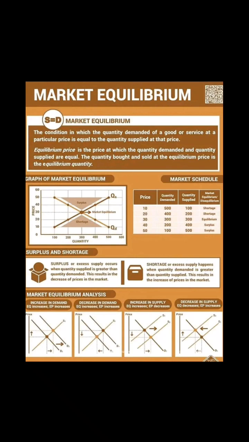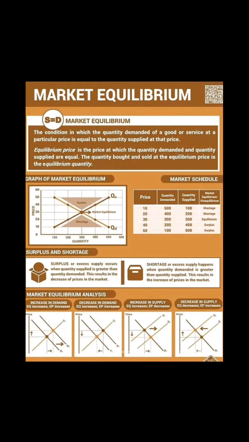You notice that at the first graph by my left, we have what we call D1, then the arrow pointing outwards is called D2. So when the equilibrium price increases, definitely the equilibrium quantity also will increase.